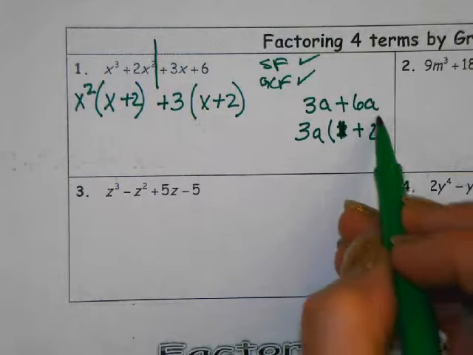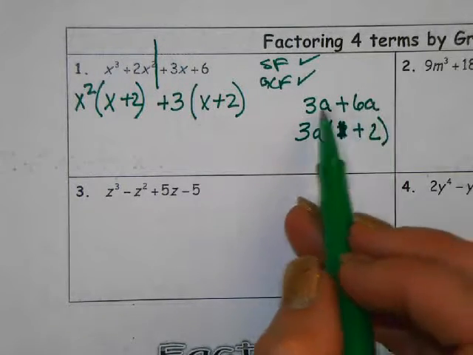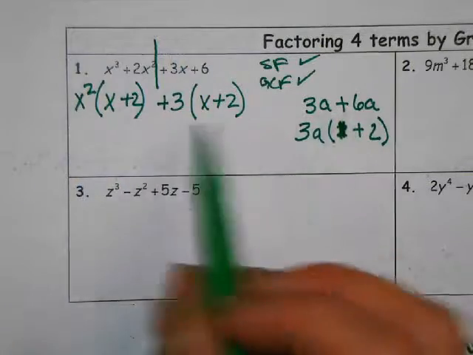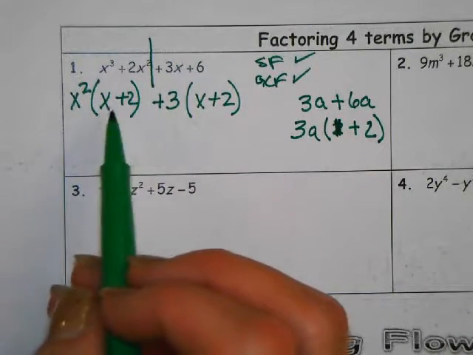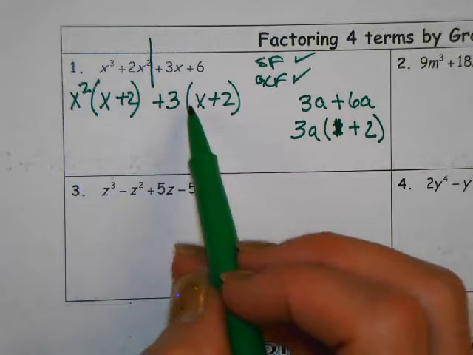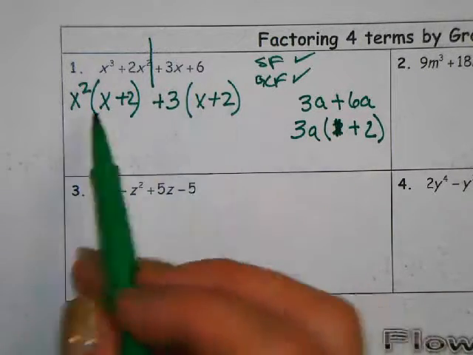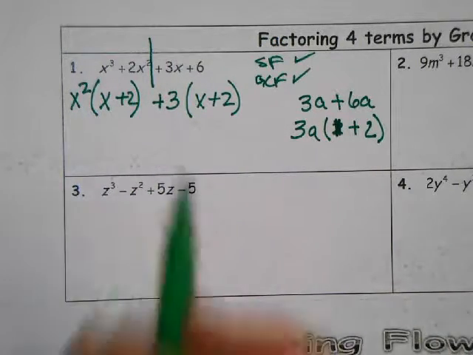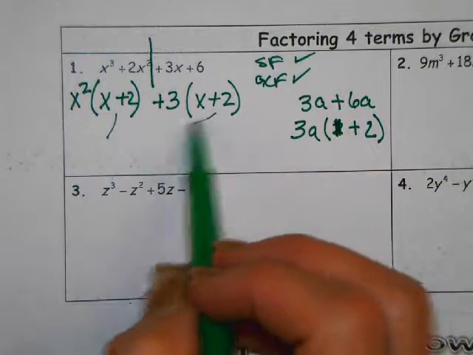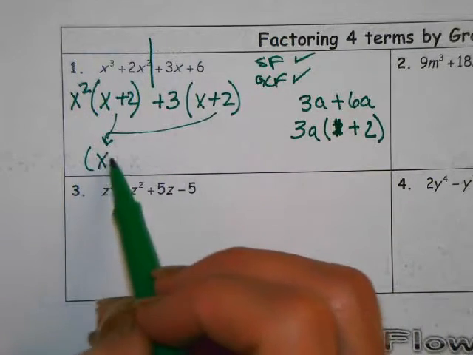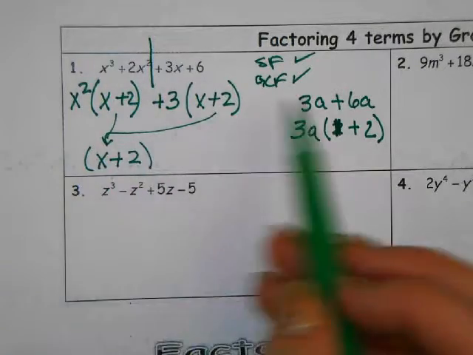So I can actually pull out a. Well, this is the same situation. Because it's being multiplied, this x squared is being multiplied by the x plus 2, and the 3 is being multiplied by the x plus 2. What do both of those have in common? They're the same. So the x plus 2 can actually be rewritten as one term, because it's being multiplied by both.